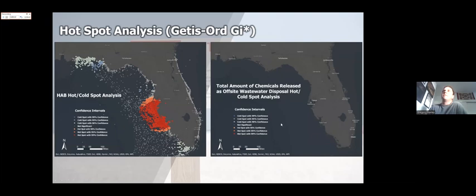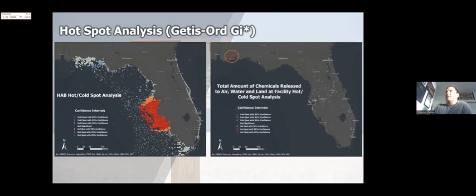And here is our first TRI data set with no significant cold or hot spot taking place. And I think that was probably due to very sparse data for that particular TRI category. Here's our second TRI category. We can see we have a strong hot spot for Pensacola.